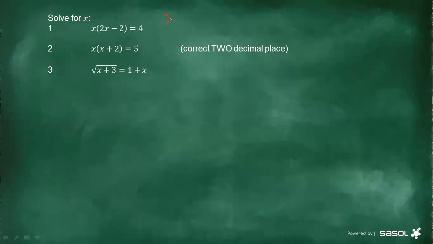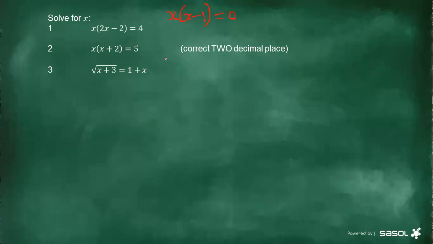For instance, if we have something like this: x, and then we have x as well there, minus 1 in brackets, equals 0.